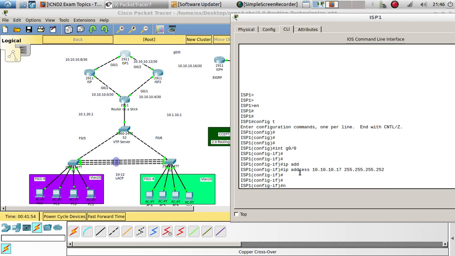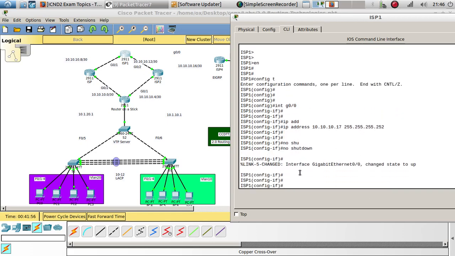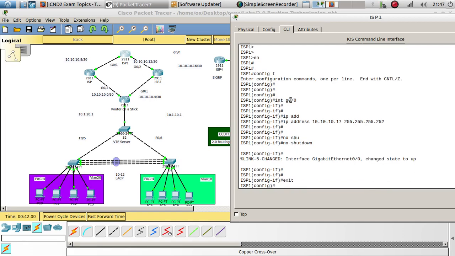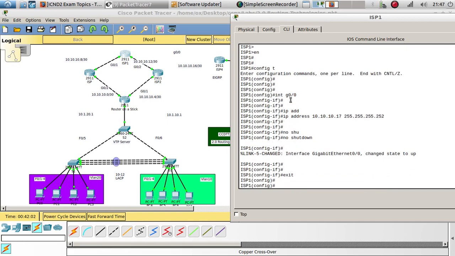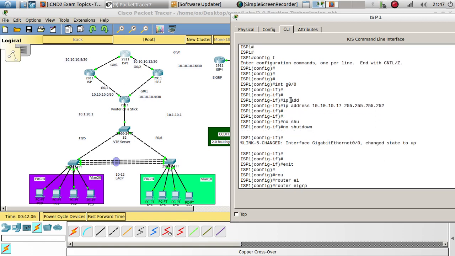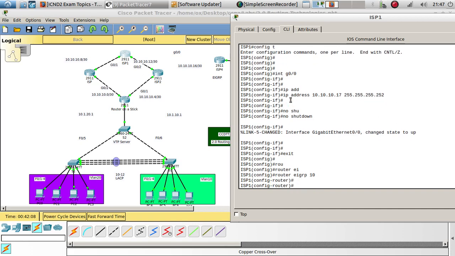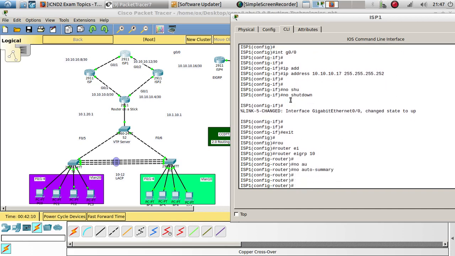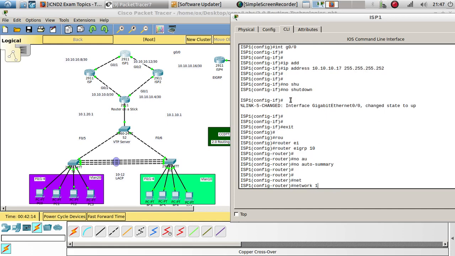Looking beautiful. No shutdown. All right. After that, let's exit and do router EIGRP autonomous system of 10. Let's do no auto-summary from the get-go. Then add this network 10.10.10.16, 255.255.255.252.